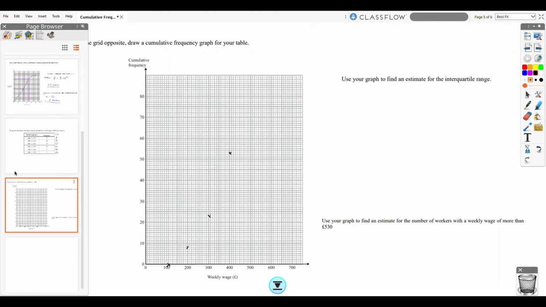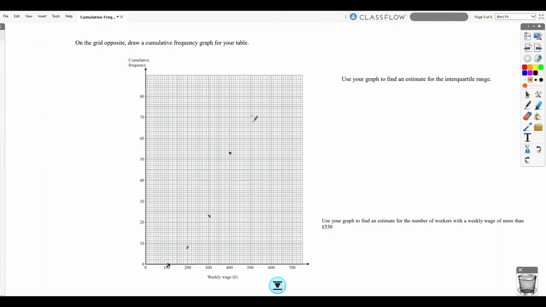When we go back to the table, 70, 77, and then 80. So 500 we're at 70, 600 we're at 77, and then 700 we're at 80. And once again, you want to draw in a smooth curve from your first value here, and that's done.